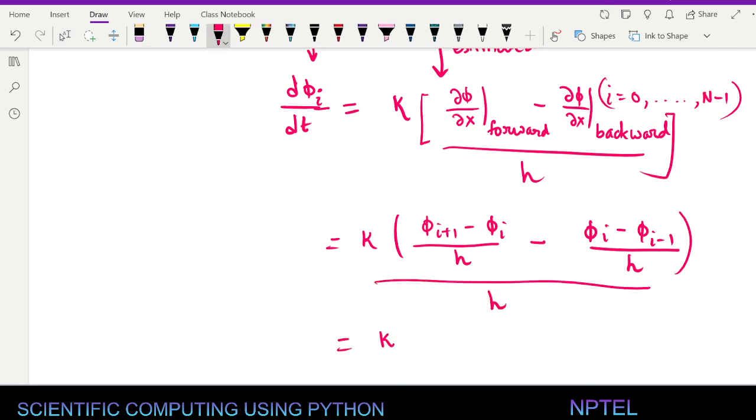So I can take h outside, h square in fact. In the bracket I get φ_{i+1}. From this I get plus φ_{i-1}, and minus 2 times φ_i.